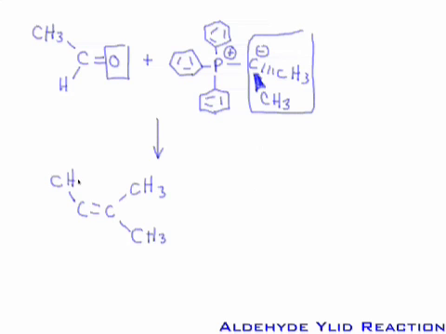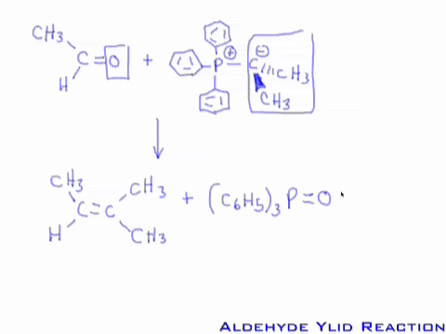The oxygen ends up on the phosphorus. I'll write a short form, (C6H5)3P double bond O, making triphenylphosphine oxide.